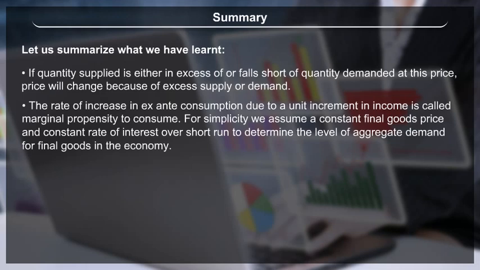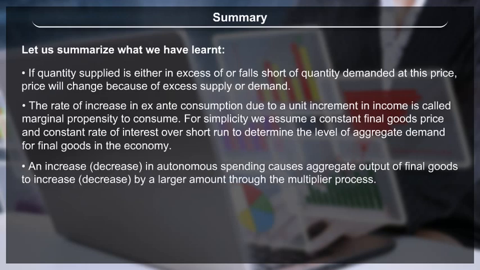For simplicity, we assume a constant final goods price and constant rate of interest over short run to determine the level of aggregate demand for final goods in the economy. An increase or decrease in autonomous spending causes aggregate output of final goods to increase or decrease by a larger amount through the multiplier process.